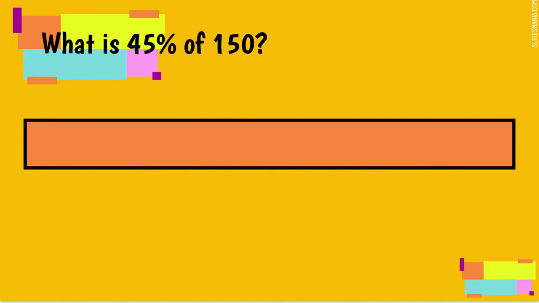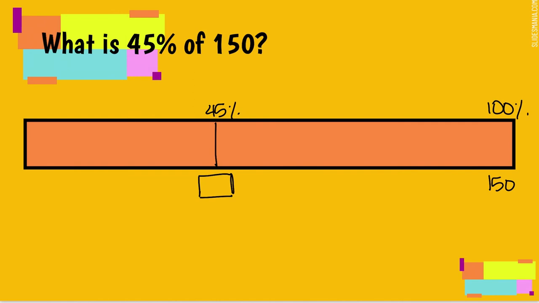All right, now we have 45% of 150. So 150 represents my whole, which is 100%. And I want to know what 45% is. So I want to think about how I can get multiplicatively to 45.